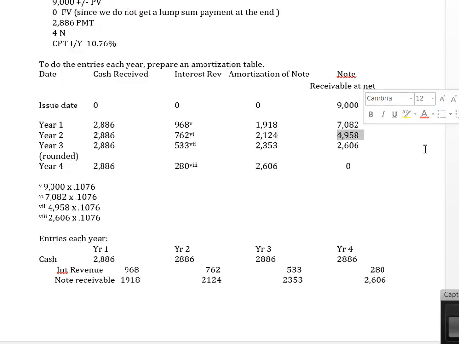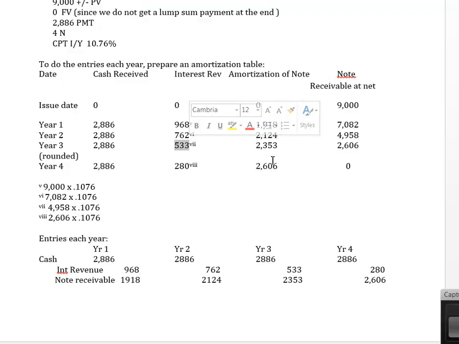So now your note is 4958. We'll use the value of the note to open year 3, which is the same as this value to end year 2, 4958, and multiply it by our I/Y, which is 0.1076, in order to get interest revenue of 533.